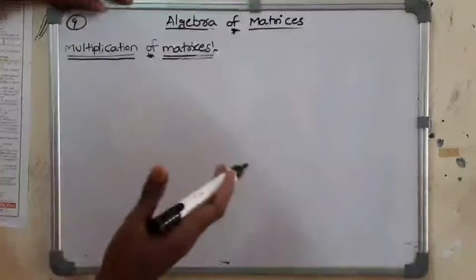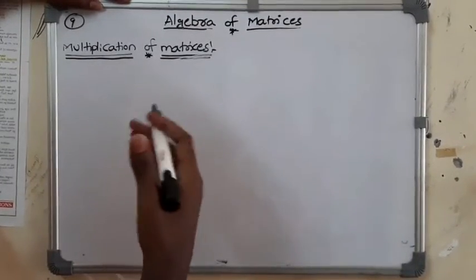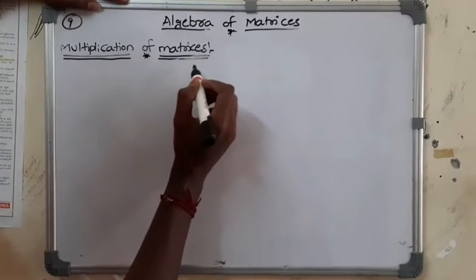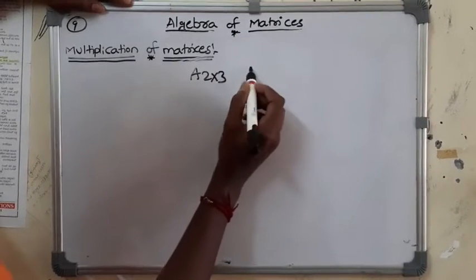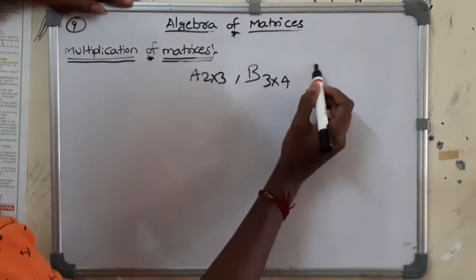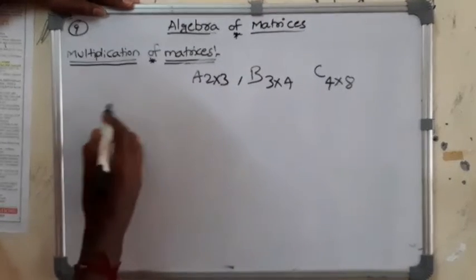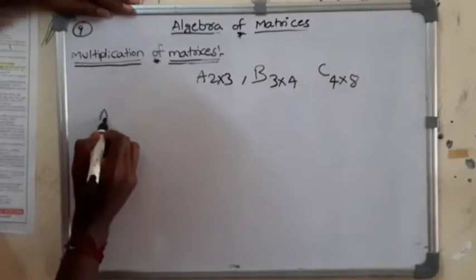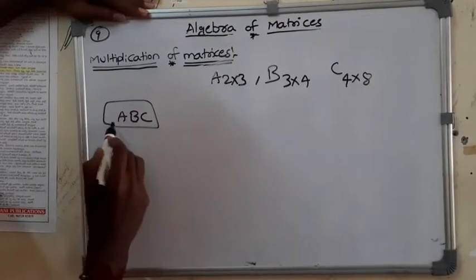In a competitive examination, how can we expect a question on multiplication of matrices? For example, let A be a matrix of order 2 by 3, B a matrix of order 3 by 4, and C a matrix of order 4 by 8, and they simply ask what is the order of ABC.